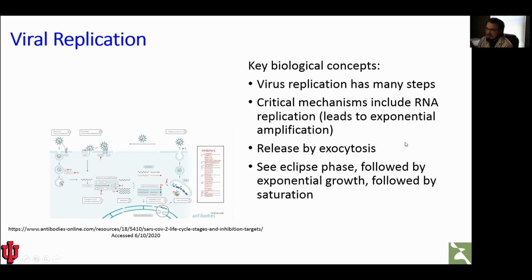Particularly, this is exponential replication within a cell. And then the virus, in turn, is released from the cell, in the case of SARS-CoV-2 by exocytosis. And then, considering all that, there are also all of the observations that we know at the higher level of the eclipse phase. And what we'd like to see is the eclipse phase, exponential growth, and then saturation in a model that we might generate to describe it.